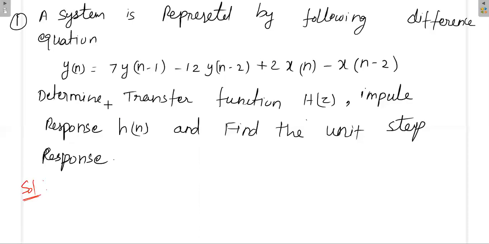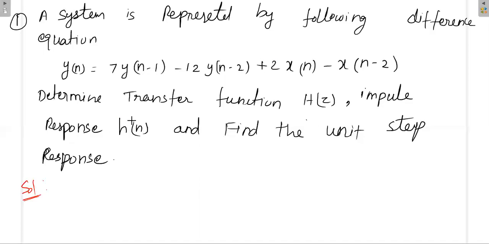For this, we have to find the transfer function H of z. Once we know H of z, we can find the impulse response by taking the inverse z transform. Finally, we have to find the unit step response. First we'll take the difference equation and try to find h of n.